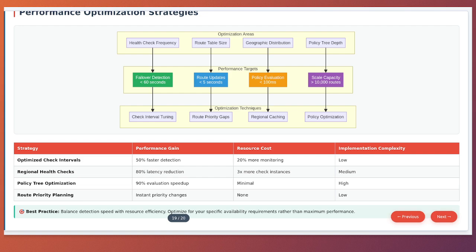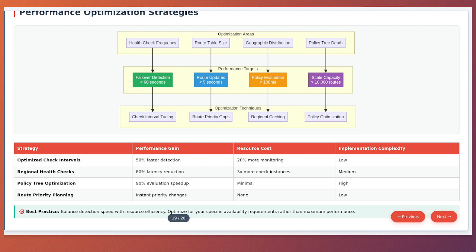Route priority optimization involves careful planning of priority ranges. Leave gaps between priorities 100, 200, 300, rather than consecutive numbers 100, 101, 102, to allow for future insertions without renumbering.